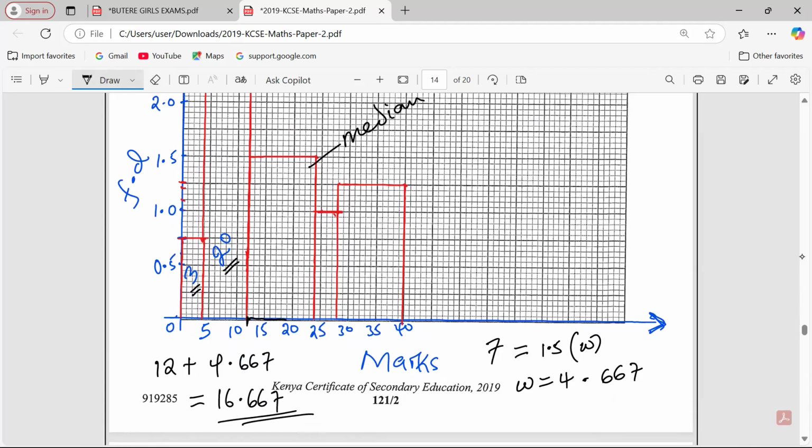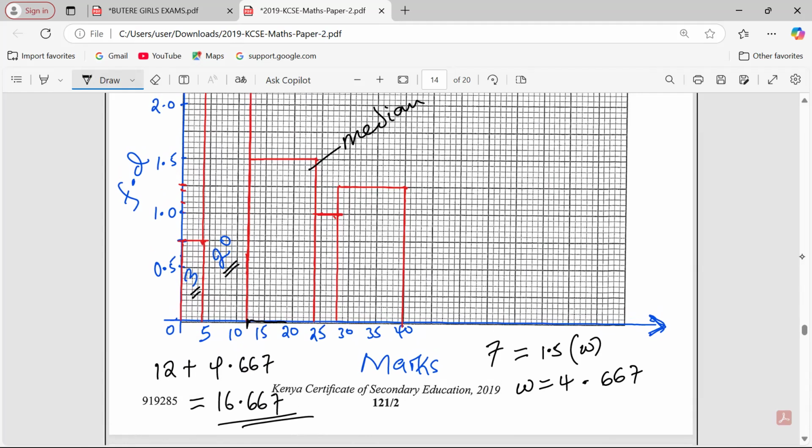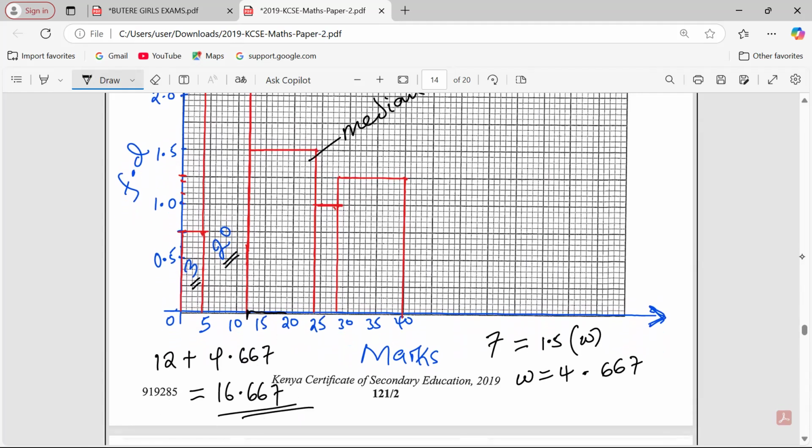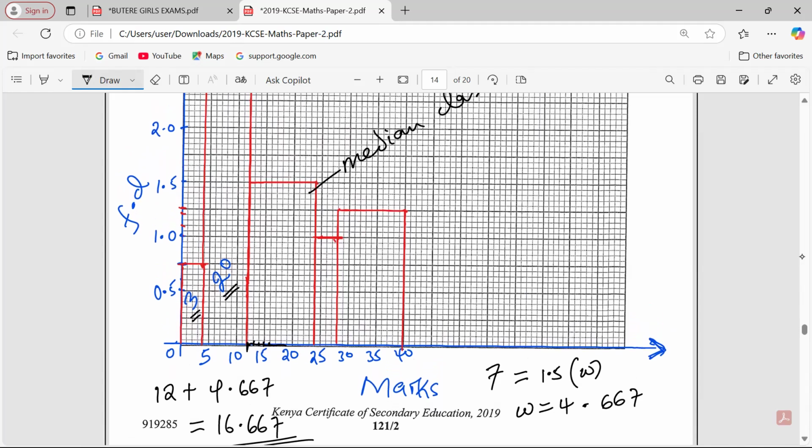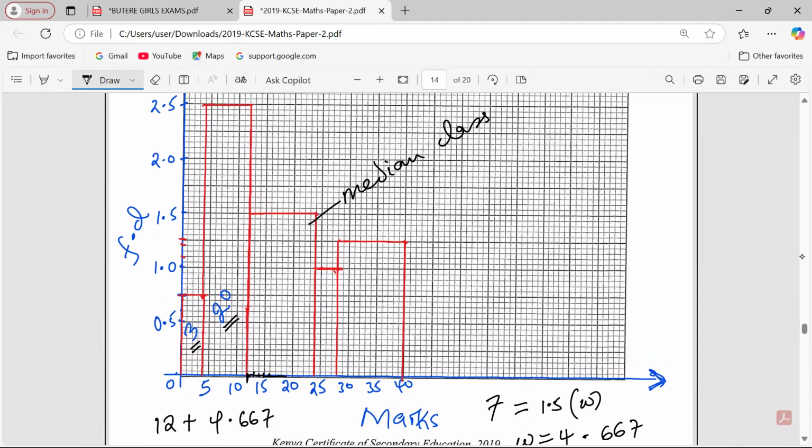So we can draw a vertical line to show that median. So from 12, when we add 4.667, we add 1, 2, 3, 4, then point something now at the middle of that small square.